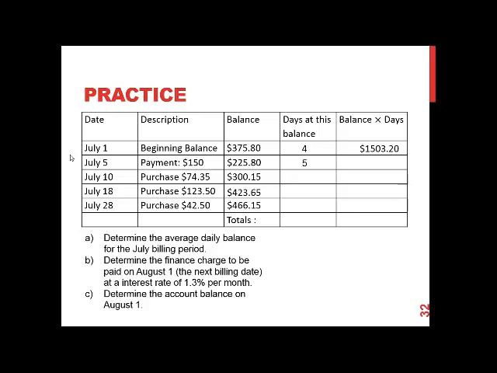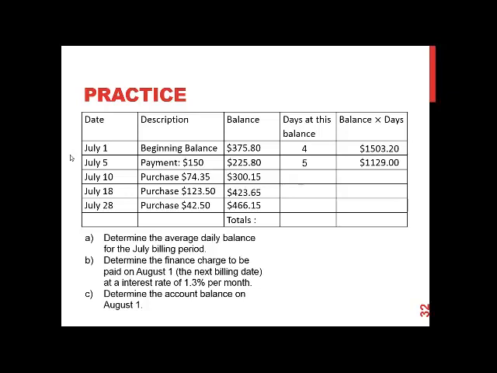Looking at the next one, from July 5th to July 10th, we can just subtract: 10 minus 5 is 5. We get 5 days at this balance of 225.80. And multiplying 225.80 times 5 gives us a total of 1129.